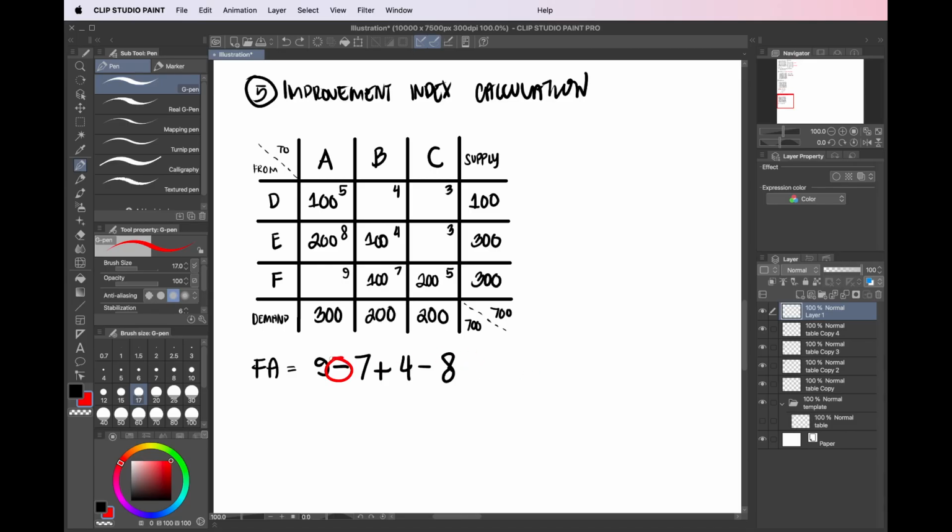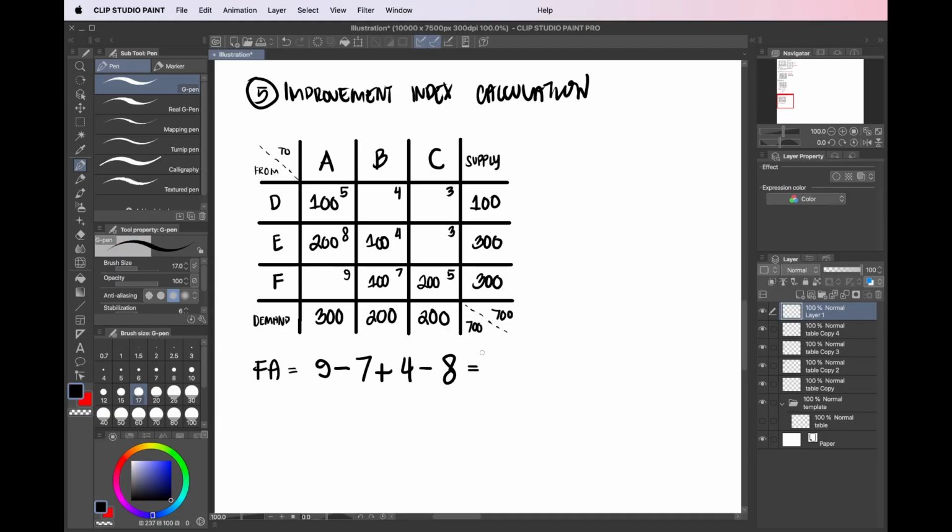But remember, we always start with minus, right? So then if we calculate that, let's get our calculator, 9 minus 7 plus 4 minus 8, that would be negative 2, right? So our improvement index would be negative 2.